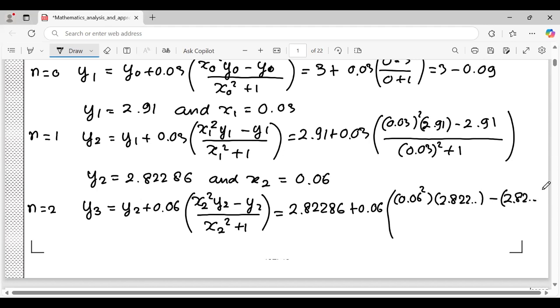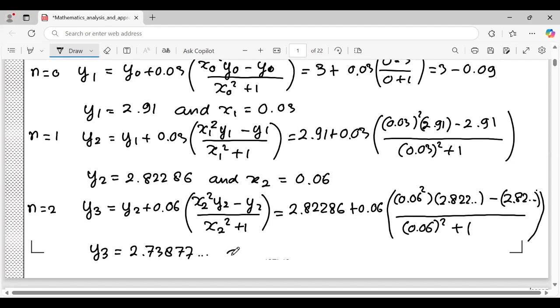So on this one, because this space is not enough, 0.06 squared plus 1. And if you calculate, you're going to get y3 is 2.73877 on, and x3 is 0.09.